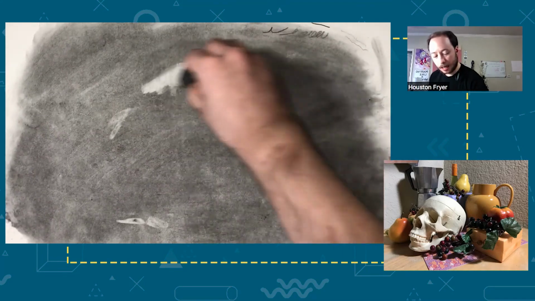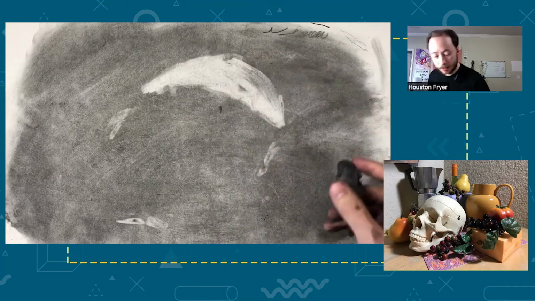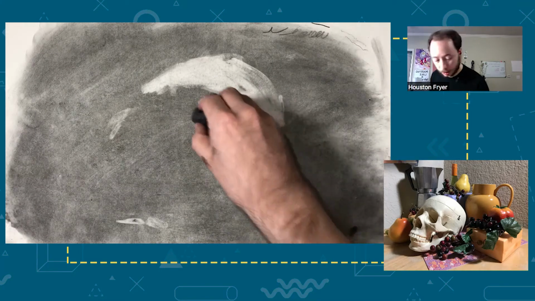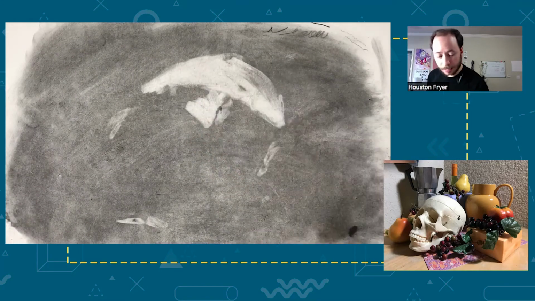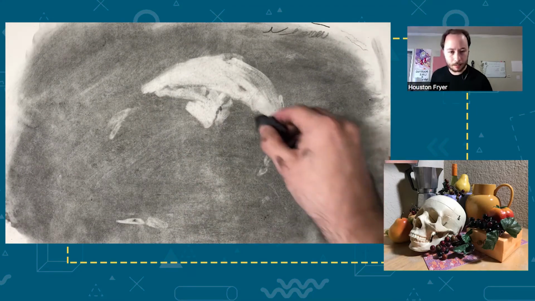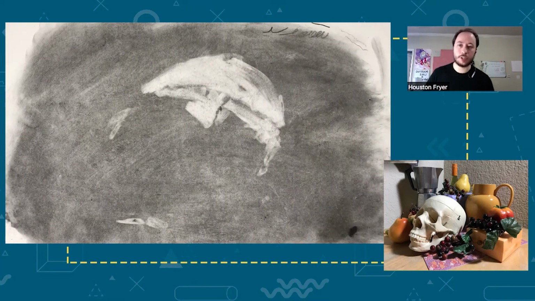And I'm just lightly using the example of what I just erased into. Essentially, I am just using my eraser as a drawing implement. I know there's a seam, so I'm going to try and leave a tiny bit of that. Where it's light, make it light. Where it's dark, make it dark.